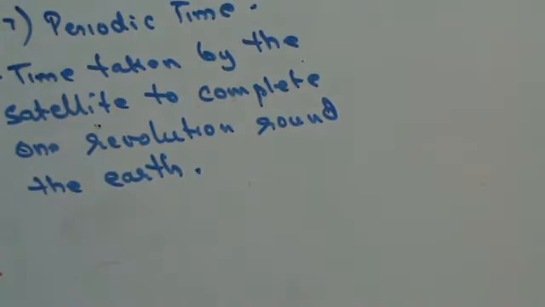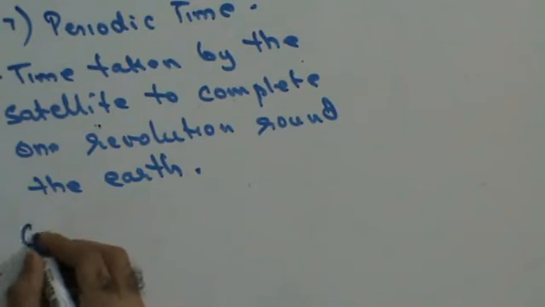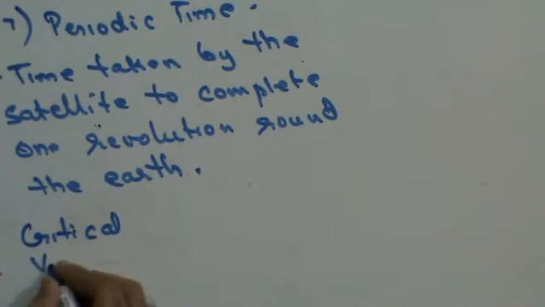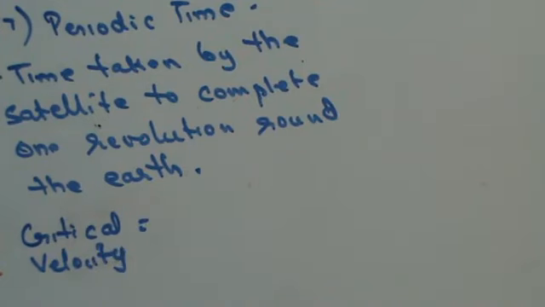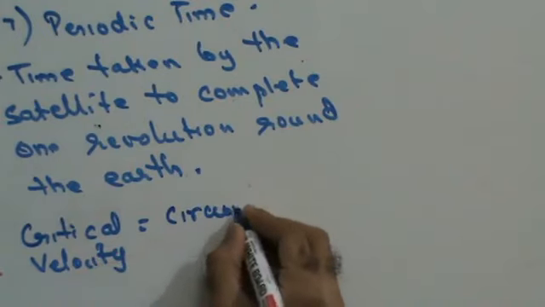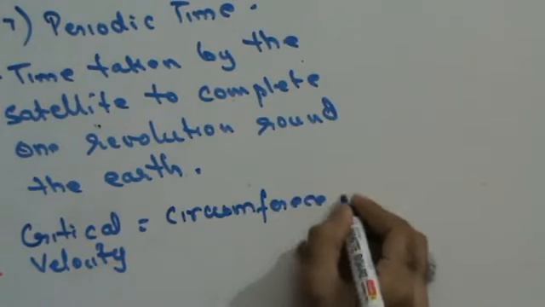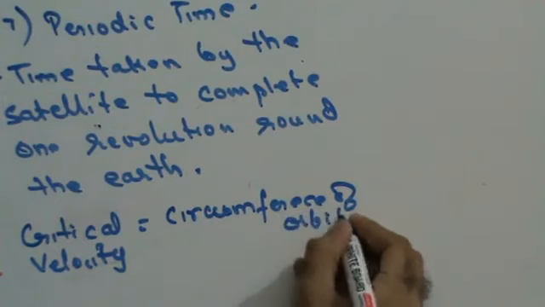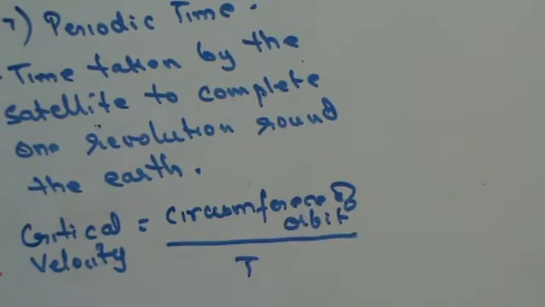Right? Now when the satellite is moving round the earth, it is moving with a critical velocity. So the critical velocity should be equal to the distance covered by the satellite divided by time. In one revolution, the distance covered is the circumference of the orbit. Velocity is distance upon time.